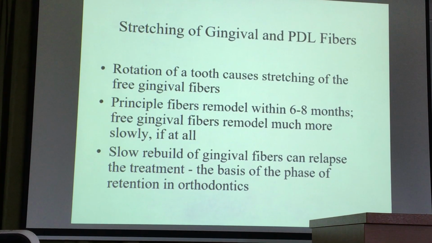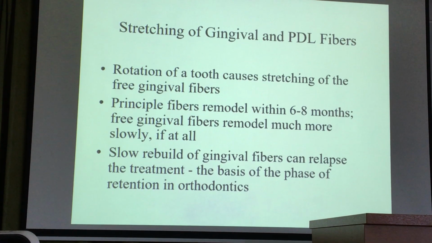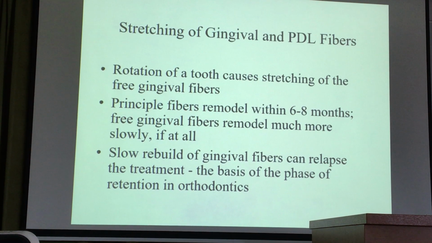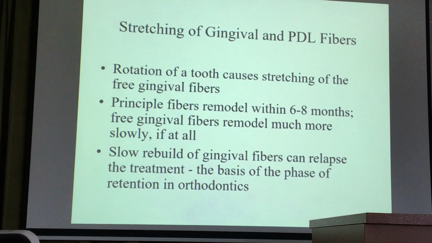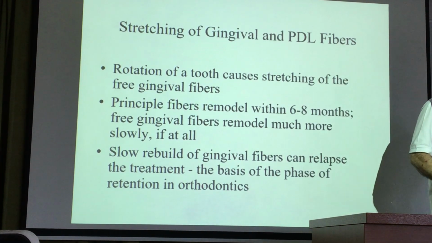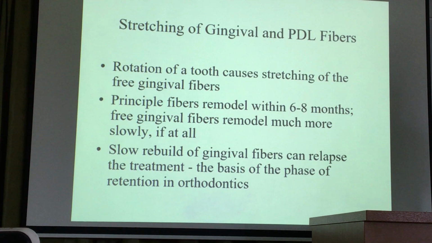When you finish the active phase of the treatment with bone resorption and bone remodeling, you need an additional phase of the orthodontical treatment, and this is the retention phase, which is usually 2 times longer than the active phase of the treatment.